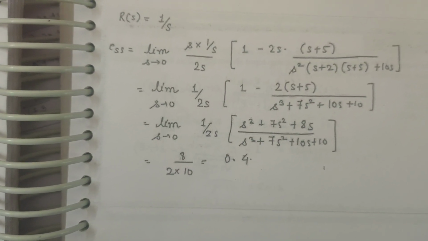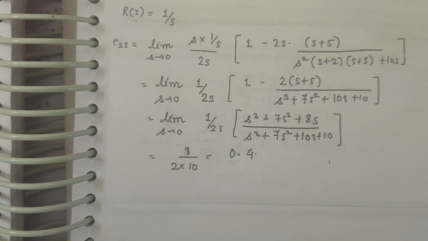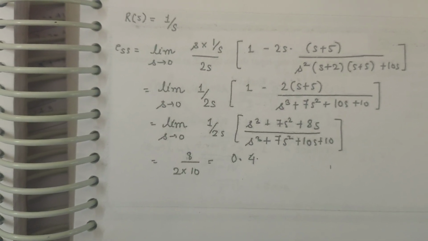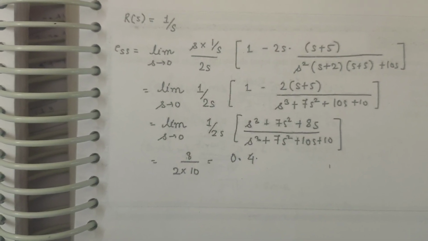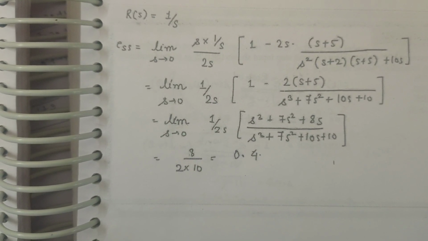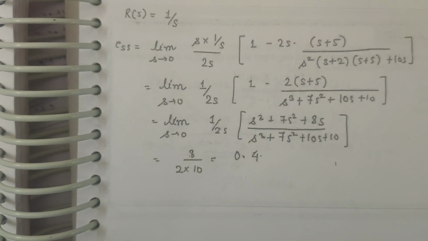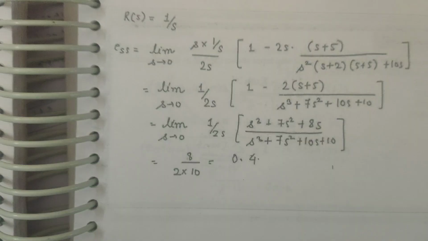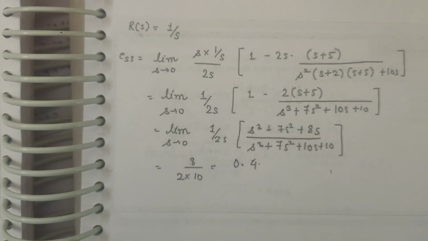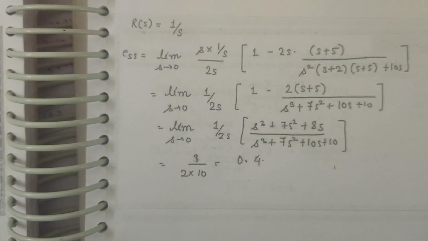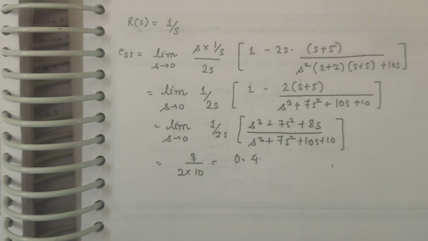Now by solving this problem, you will get S cube plus 7S square plus 85 divided by S cube plus 7S square plus 10S plus 10. By substituting S is equal to 0, you will get 8 by 2 into 10. That is equal to 0.4.